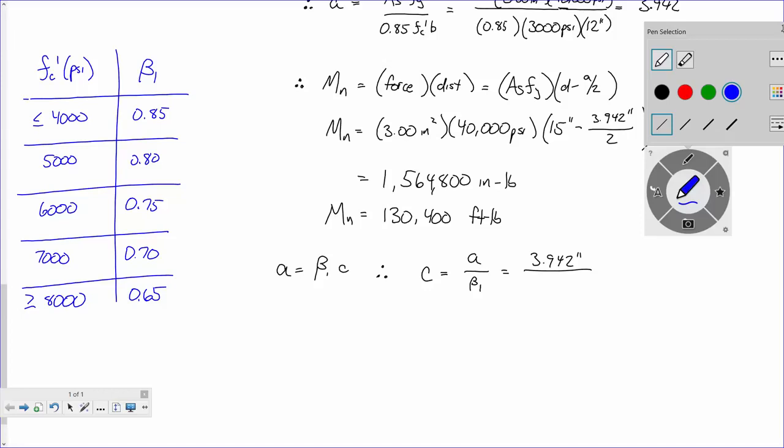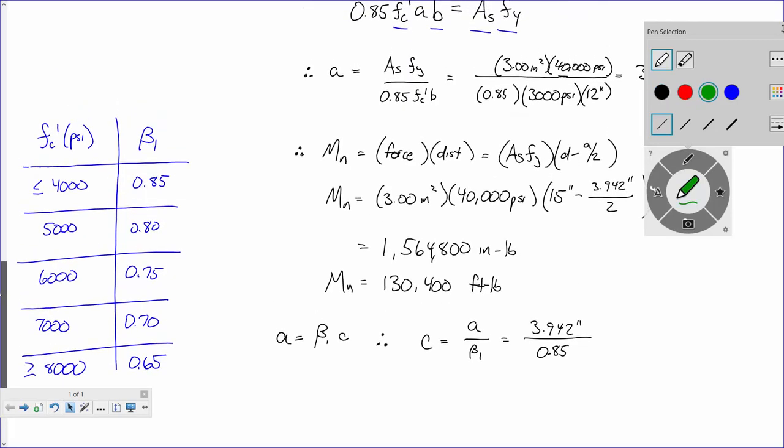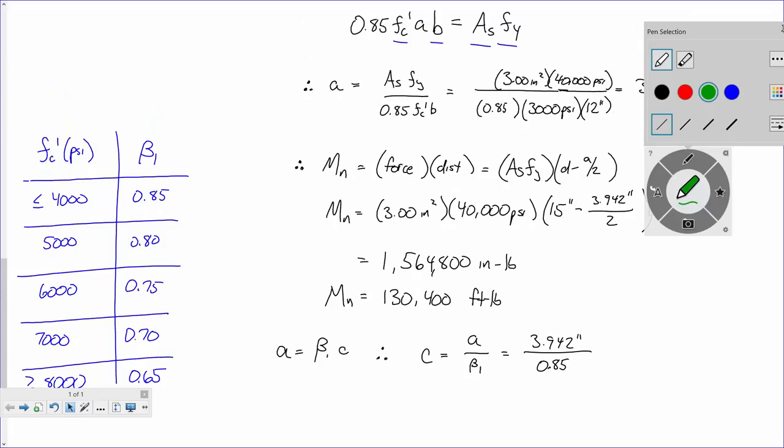All right. So going back to our problem, what's beta 1 going to be? 0.85. Now, here's the thing. It just happened to be that this number way up here and this number way down here were equal.